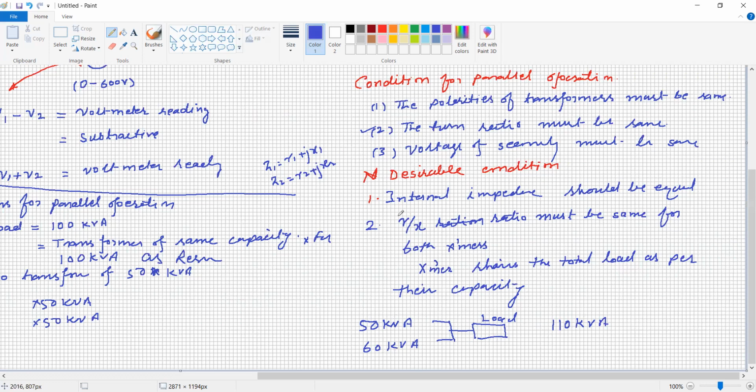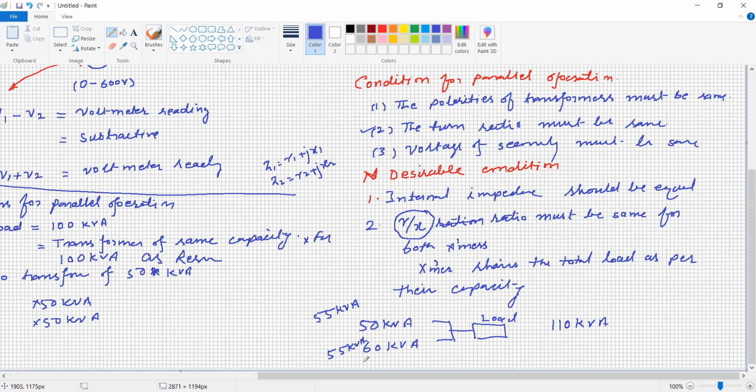Otherwise, if these conditions are not fulfilled, then what happens? Sometimes it is observed that the 50 kVA transformer may supply 55 kVA. So the small capacity transformer is supplying more power and becomes overloaded, and the second transformer, whose capacity is larger, is supplying less power and is operating under load.